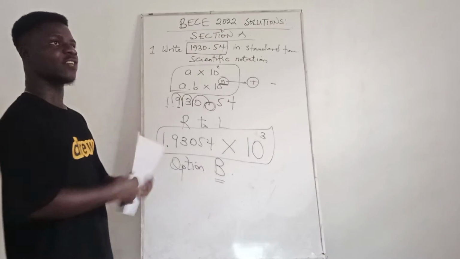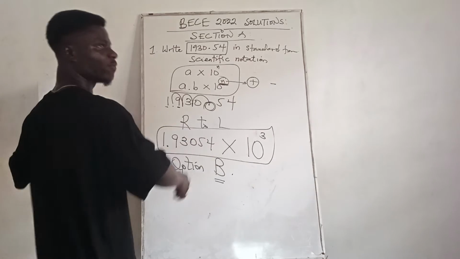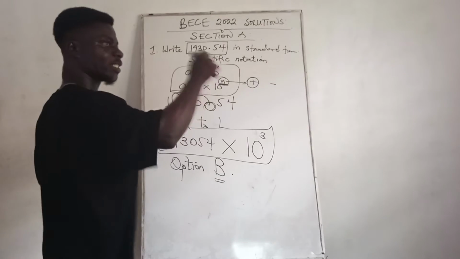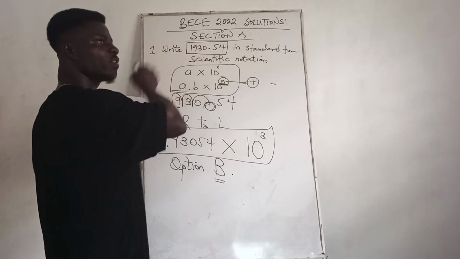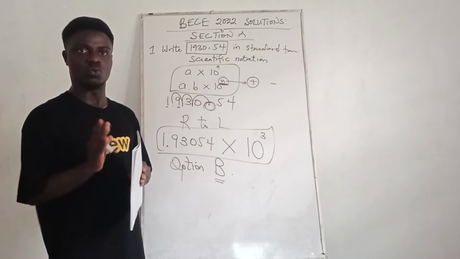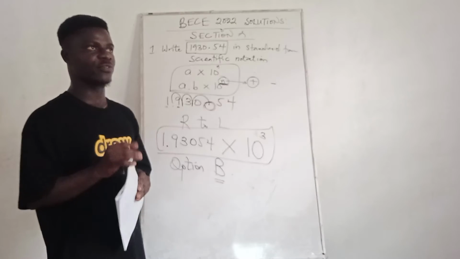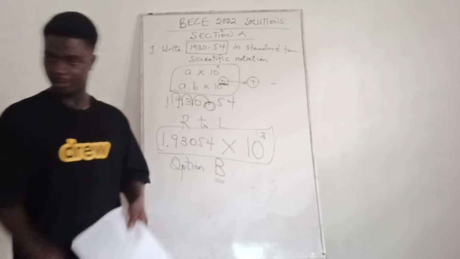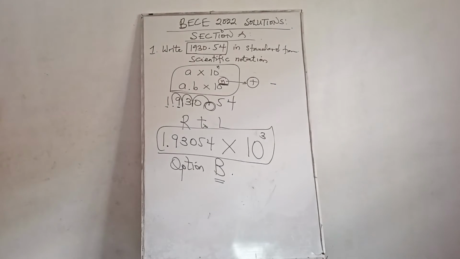So always take note: if you move the point from right to left, the power of 10 is positive. Likewise, if you move the point from left to right, the power of 10 must be negative. This one is very, very important. Thank you. So watch it carefully.